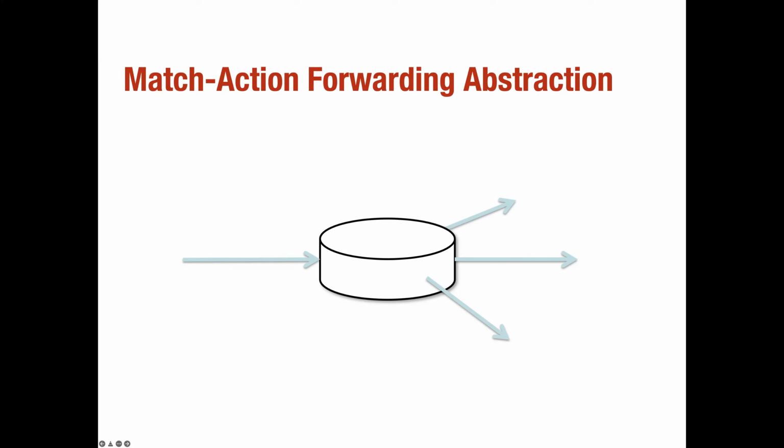If I can only match on destination IP, then I cannot write a policy which says do something different for HTTP traffic, because to identify HTTP traffic, I need to match on the source port. But if they don't give me the flexibility to match on that port, then I cannot have those types of policies implemented.